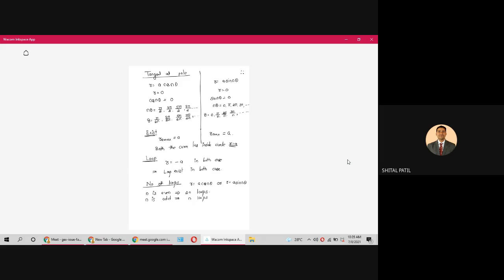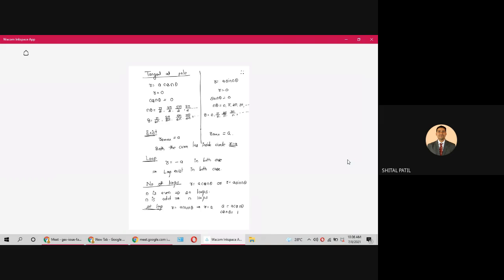Now the next important part, the first loop. Where is the first loop? See, in case of R equal to A cos n theta, we want R equal to A. This is required. So A equal to A cos n theta, so cos n theta equal to 1.